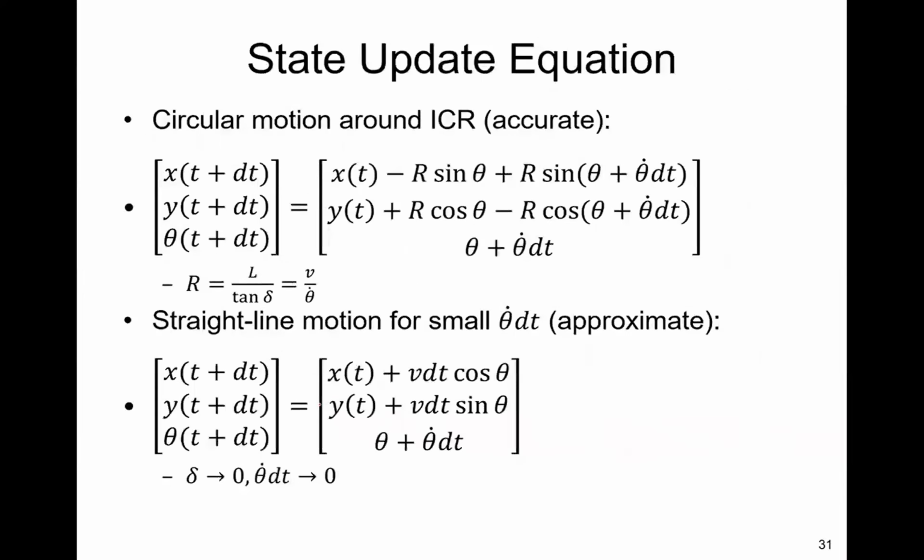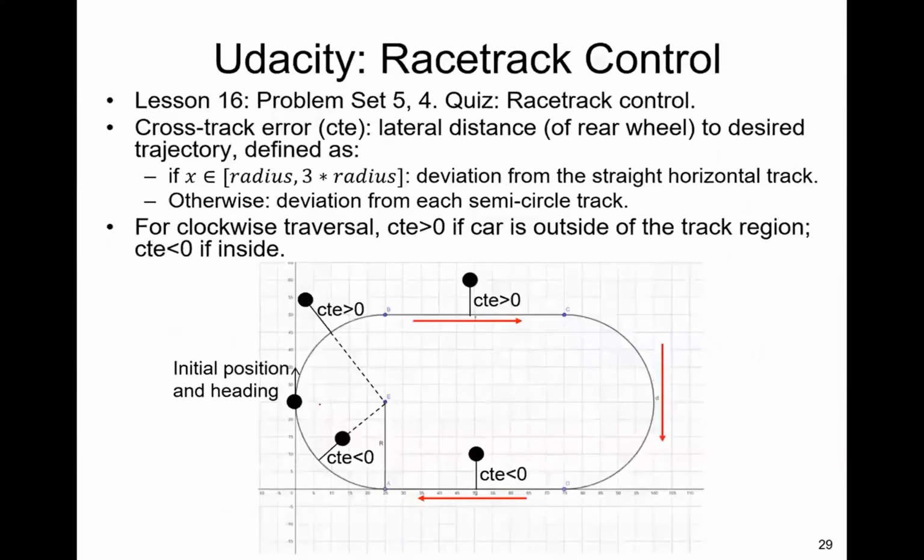So if you look at the track, if you're somewhere in here, the vehicle is turning in a clockwise direction, and then if it's here, then it should turn in this direction to go back to the track. If it's here, then it should turn in this direction.